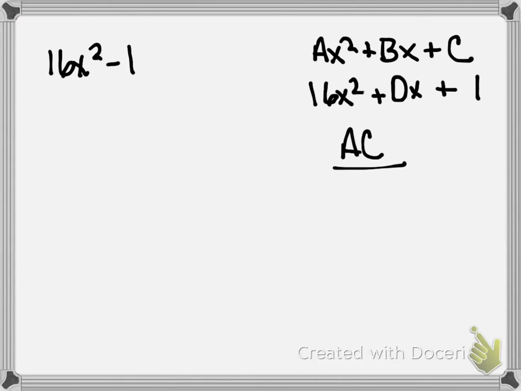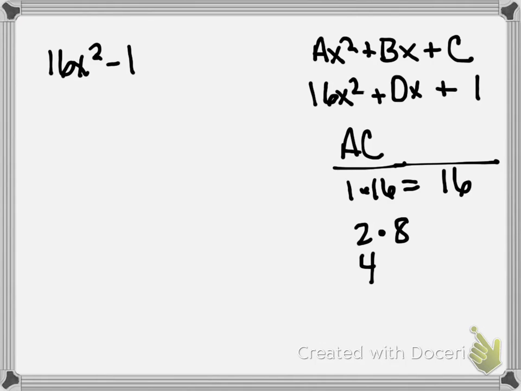So A times C is 16 times 1, which is 16. All right, now what are the factors of 16? Well, obviously 1 times 16, or 2 times 8, or 4 times 4. Where are we trying to get? We're trying to get to a 0. 4 and 4 will get us there.